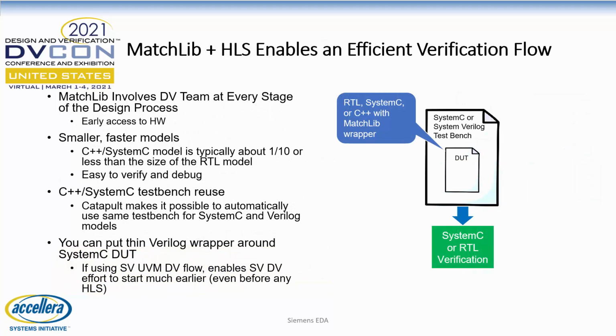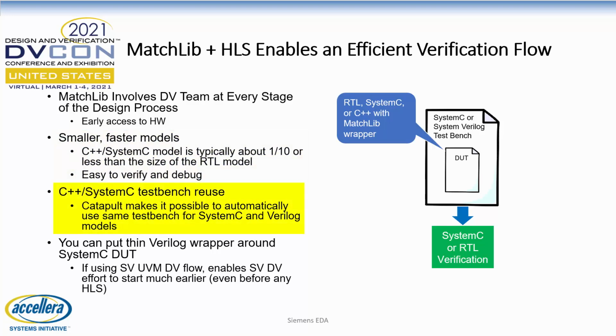MatchLib and high-level synthesis enables an efficient verification flow. MatchLib involves the digital verification team at every stage of the design process. MatchLib models are smaller and faster. A SystemC model is typically about 1/10 or less the size of an equivalent RTL model. This means it is easier to verify and debug.